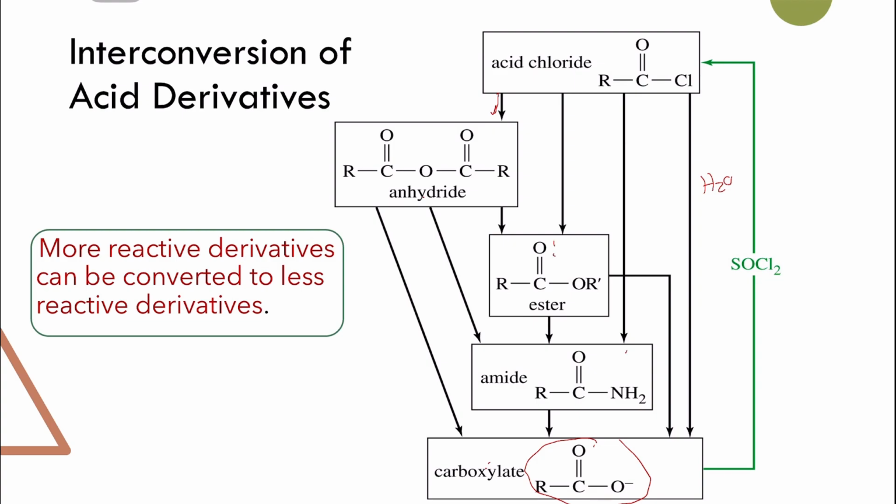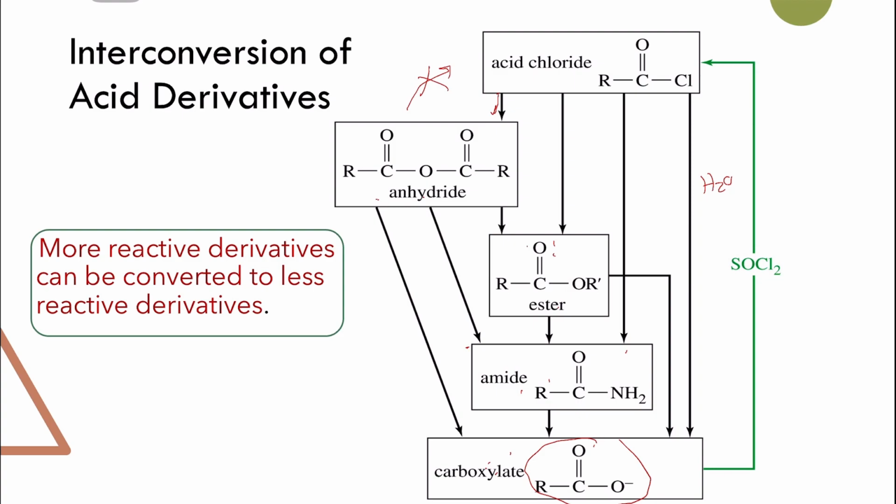The second one in reactivity is the anhydride. We cannot convert anhydride directly to acid chloride, but we can convert anhydrides to esters, amide, or carboxylate. You can convert esters to amides or carboxylate, and finally you can convert amides to carboxylate or carboxylic acid.